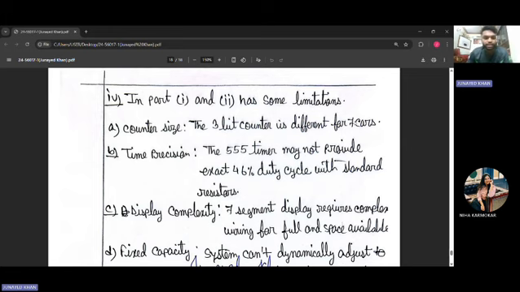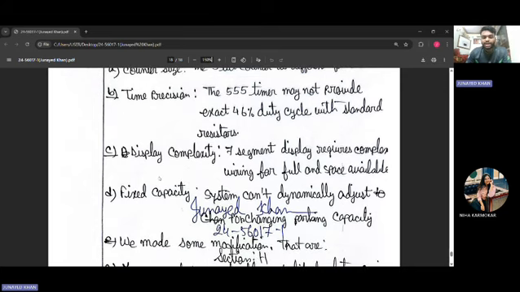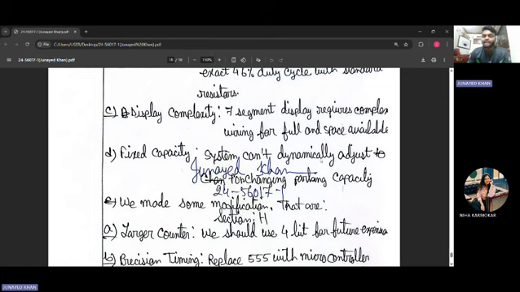Then the 555 timer may not provide an exact 46% duty cycle with standard registers. The third is display complexity: a 7-segment display requires complex wiring for full and space available. Fixed capacity: the system cannot dynamically adjust for changing parking capacity.